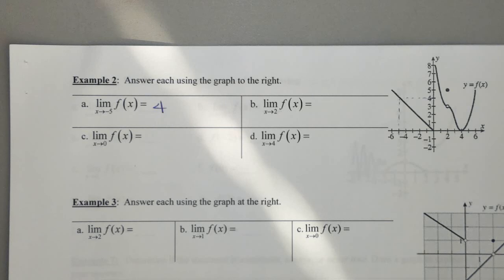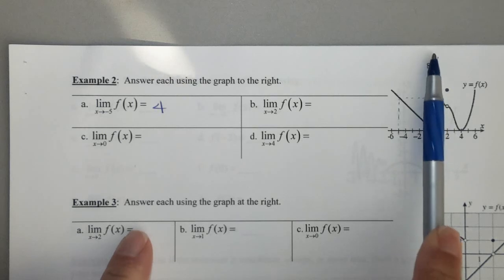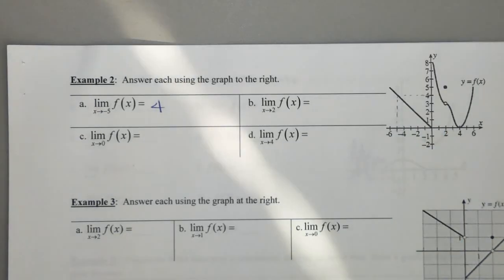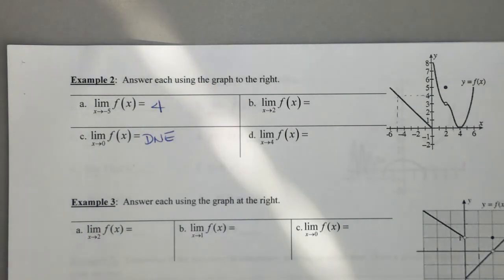Well, yeah, you will say DNE here, but if I'm just asking you to evaluate the limit as x approaches 0 from the right, where does it look like it's going? Positive infinity. Okay, we'll talk about limits at infinity later, but the whole idea here is there's a couple different ways that you could answer that part of the question. But then overall, because these two graphs do not meet up, the limit does not exist. Okay, you guys go ahead and do B and D.